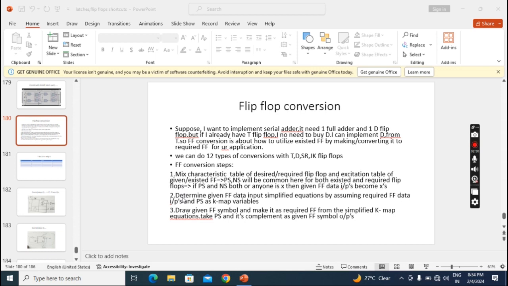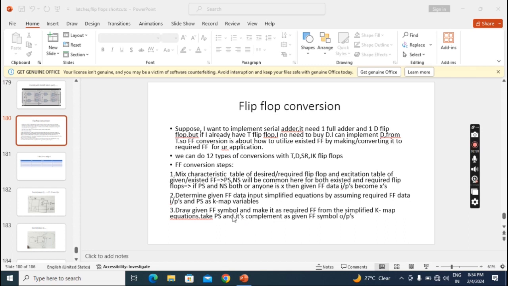Now the second step, we have to determine the simplified equations for the data inputs of the given flip-flop, by assuming the required flip-flop data inputs and present state as K-map variables. Then in the third step, we have to draw the given flip-flop symbol because we have that flip-flop only, right?